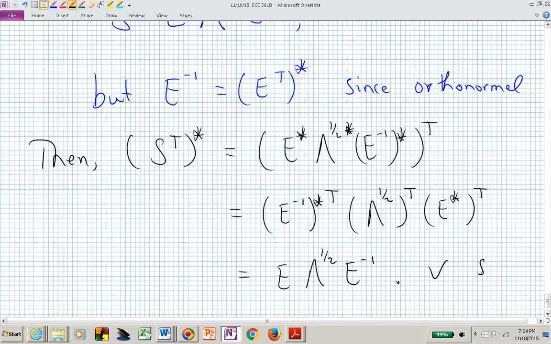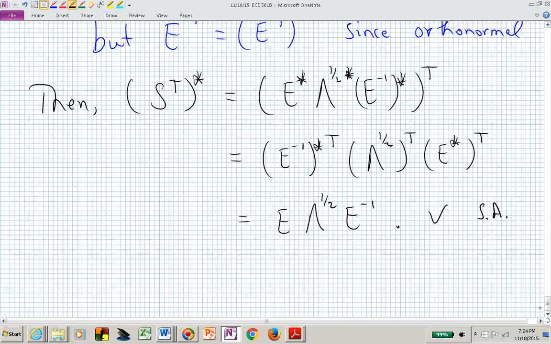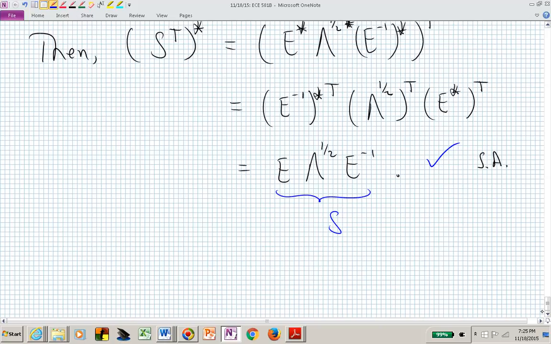And that's what we started with for our definition of S. So in fact, the complex conjugate transpose of S is equal to S, so that this square root that we've created is in fact self-adjoint.